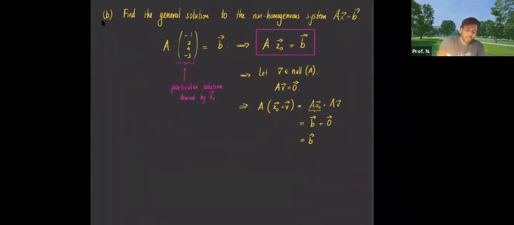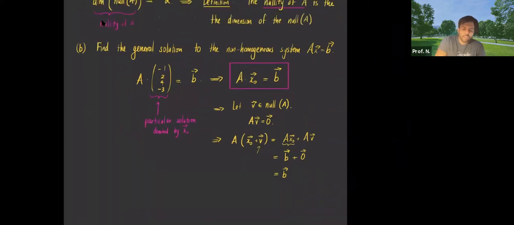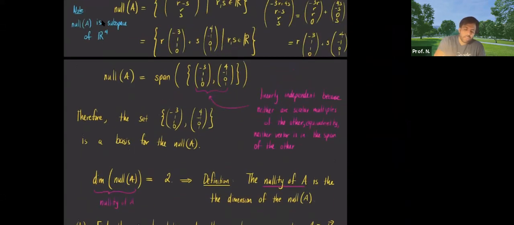So then I'm going to rewrite V in terms of a linear combination of these vectors.